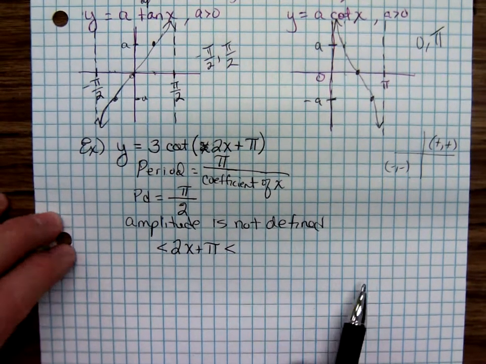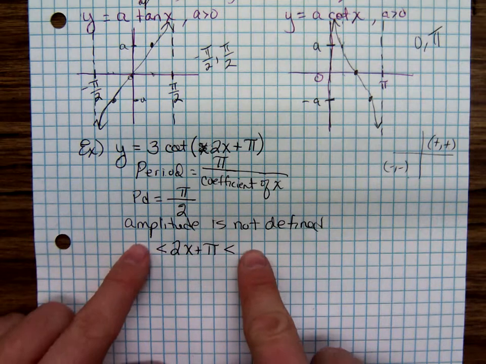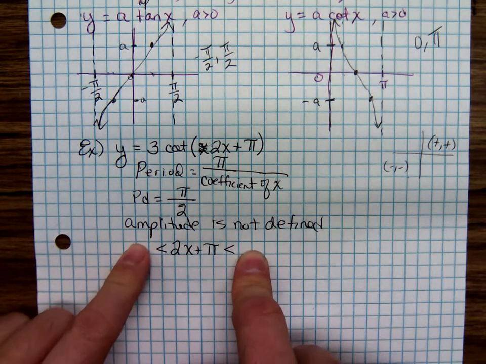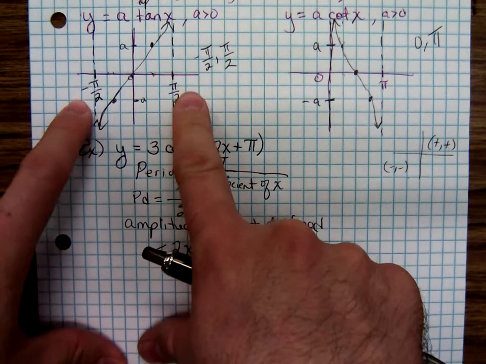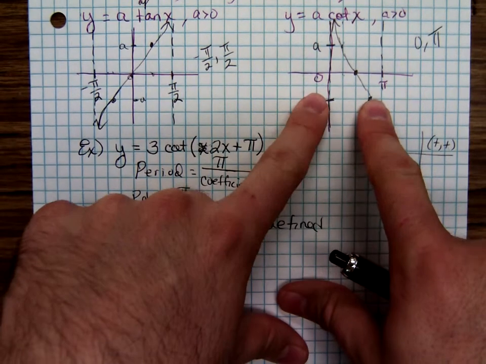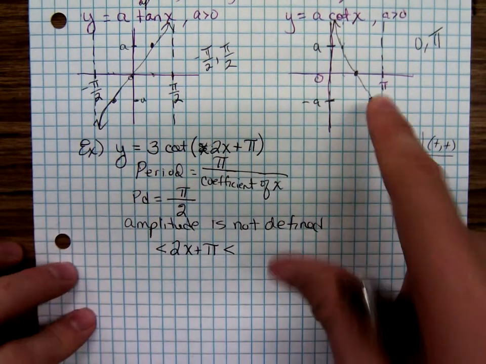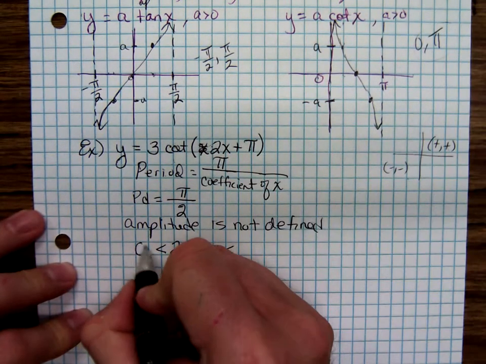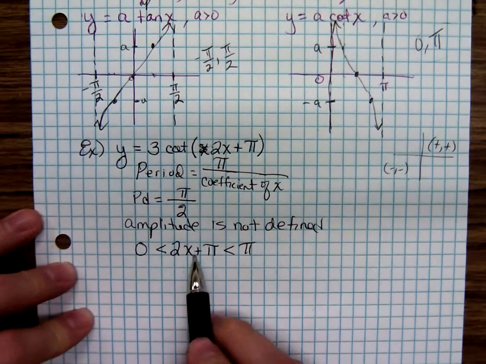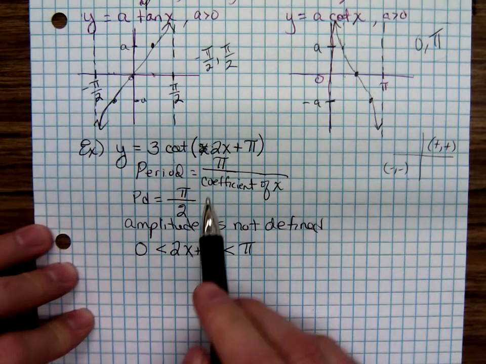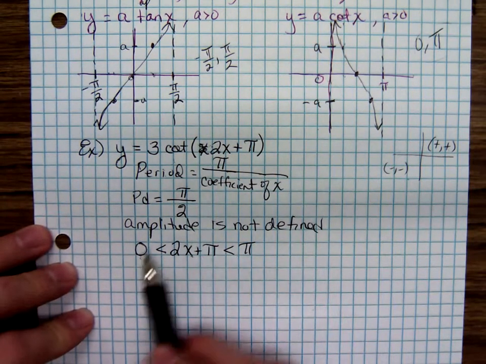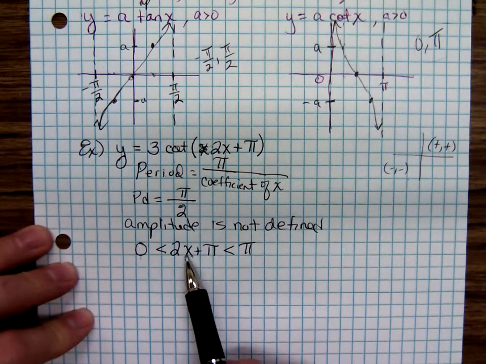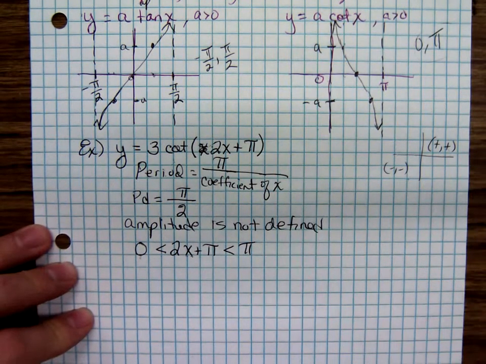Here, the numbers you set it between depend on whether it's tangent or cotangent. We're graphing cotangent. You're going to set it between 0 and pi. You're going to figure out which x value would give us an angle of 0 where there's a vertical asymptote, and what x value would give us an angle of pi where there's a vertical asymptote.